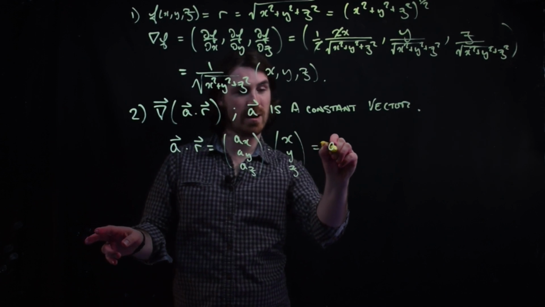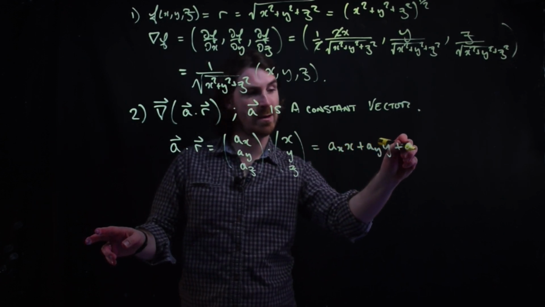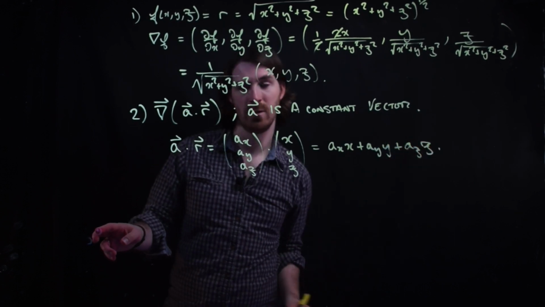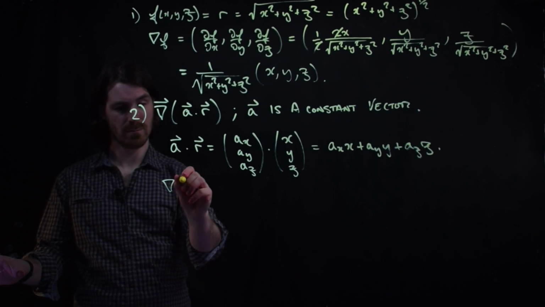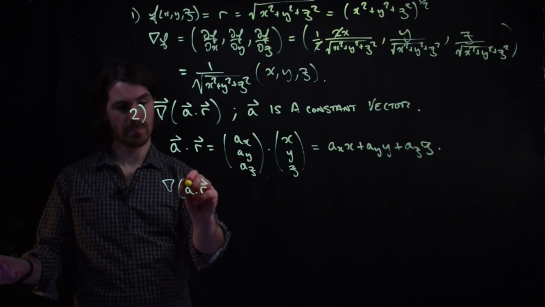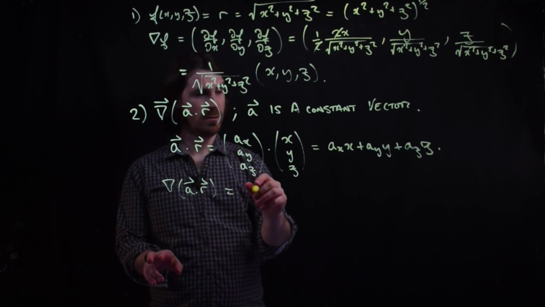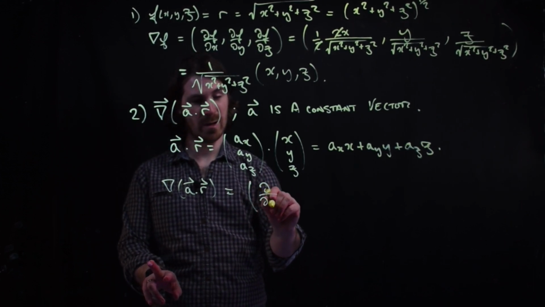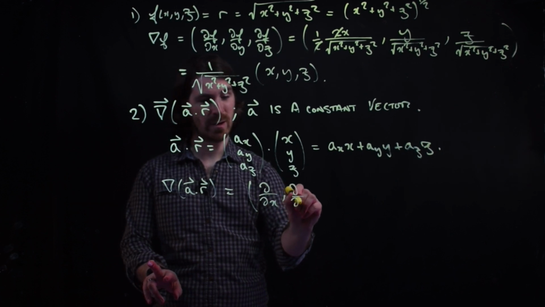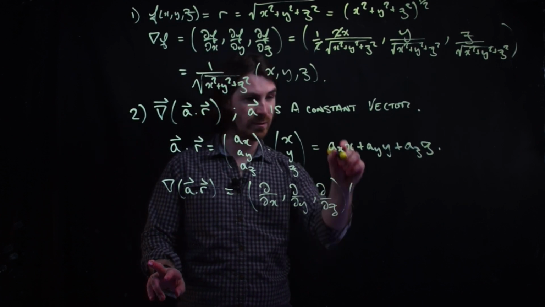So this is ax x plus ay y plus az z. And we want to take the gradient of this thing, which means we want to have the vector d by dx, d by dy, d by dz acting on this thing.